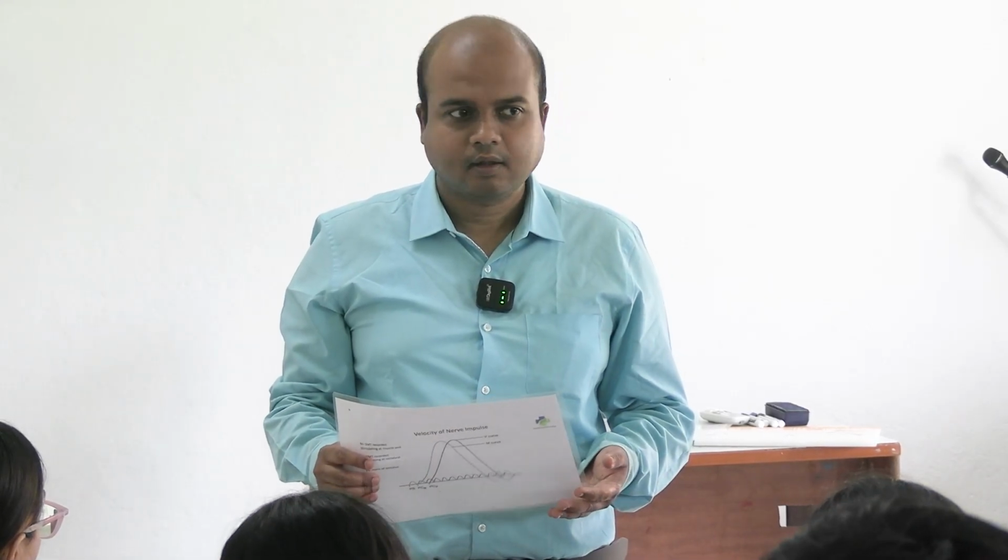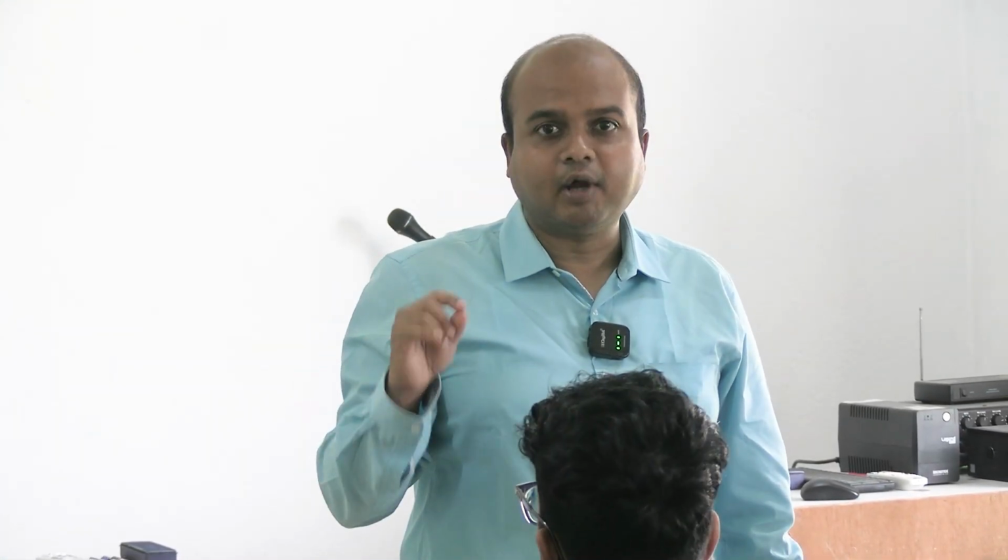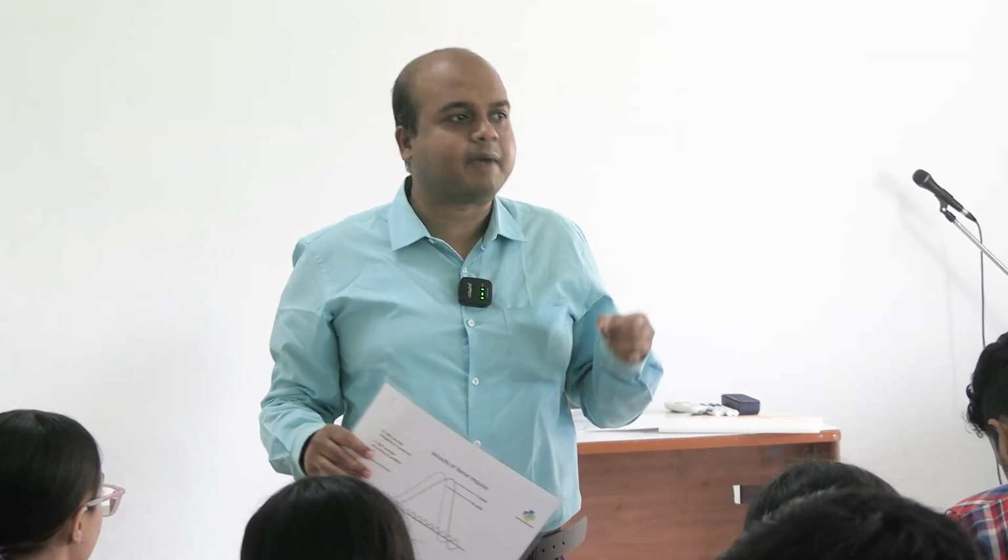Do you know what a lower motor neuron is? Upper motor neuron, lower motor neuron: you have heard these terms in neuromuscular physiology. It will be discussed in CNS. The upper motor neuron is from the cerebral cortex to the center, in the case of most of our muscles, the muscles of the hand, muscles of the leg. So it is controlled from the cortex to the spinal cord.